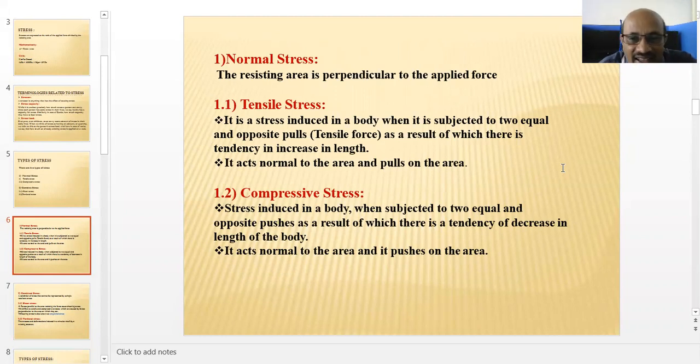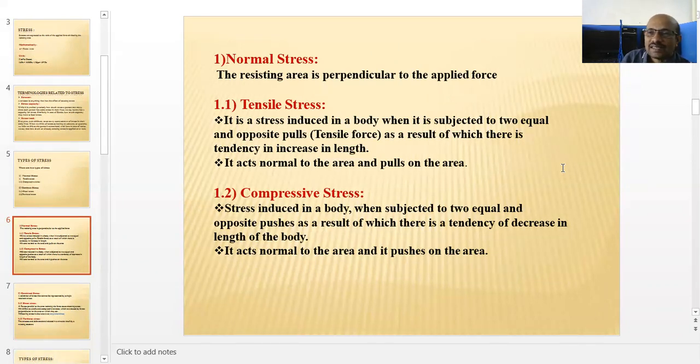Another stress is compressive stress. What is compressive stress? It is the stress induced in a body when it is subjected to two equal and opposite pushes.